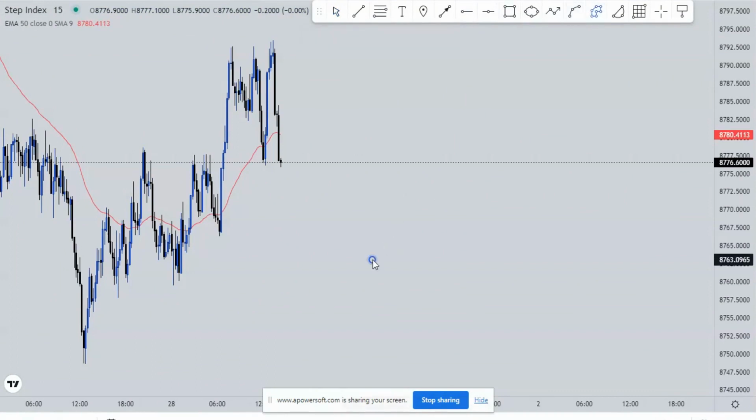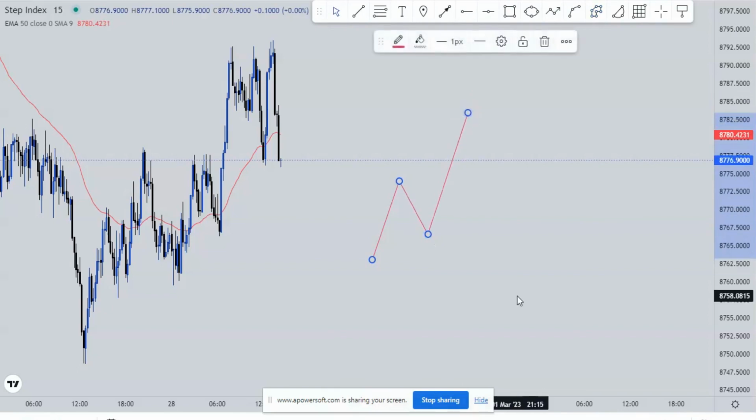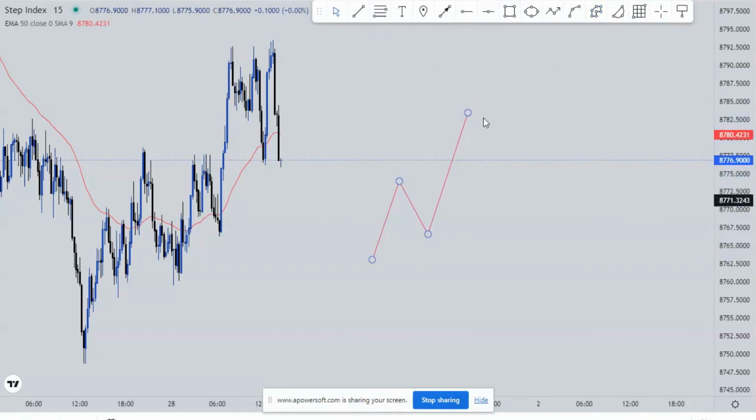We have to understand if the market is either bullish or bearish. In a bullish market, these runs are the impulse moves, and these ones are the retracement.